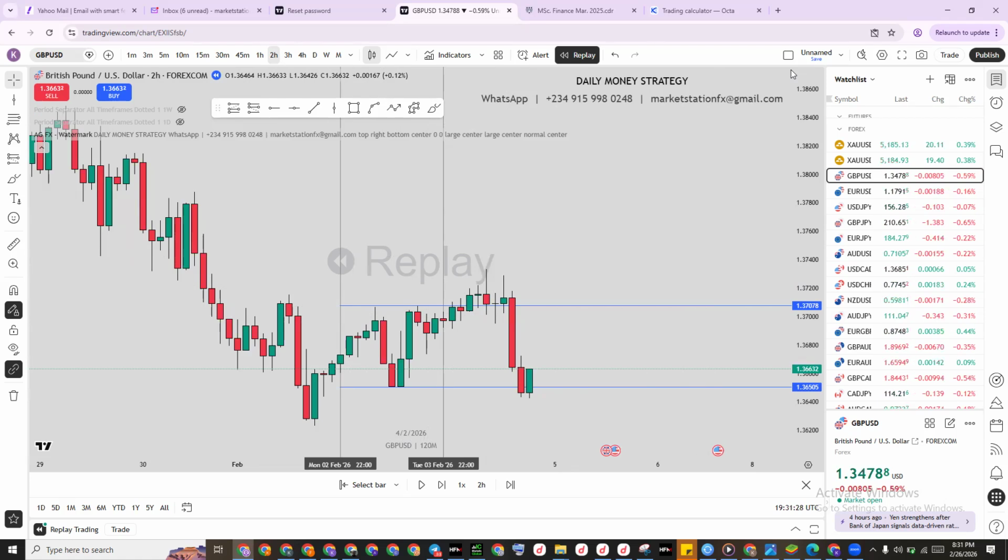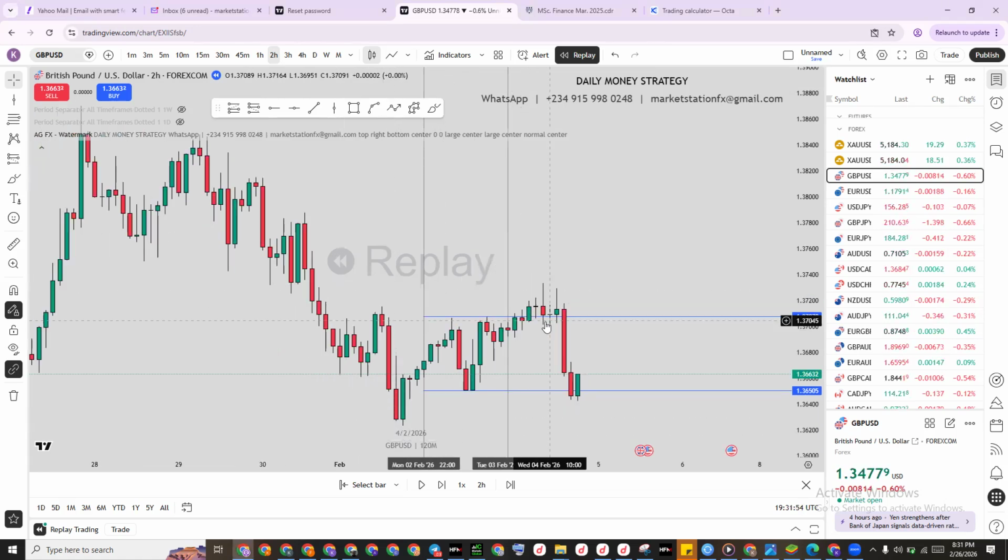When we see that candle that has already picked the high of the previous day, it tells us that the next thing is going to be a sell.